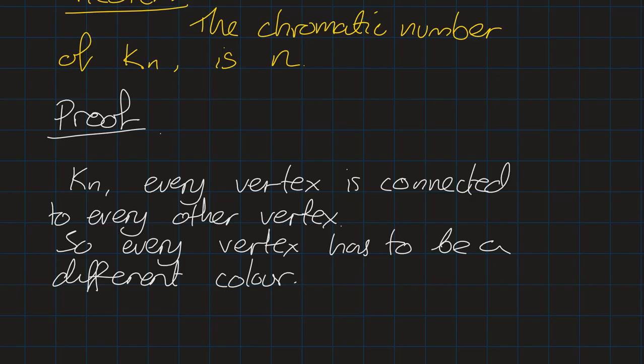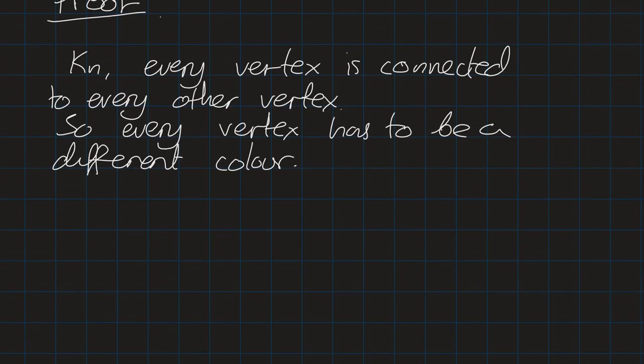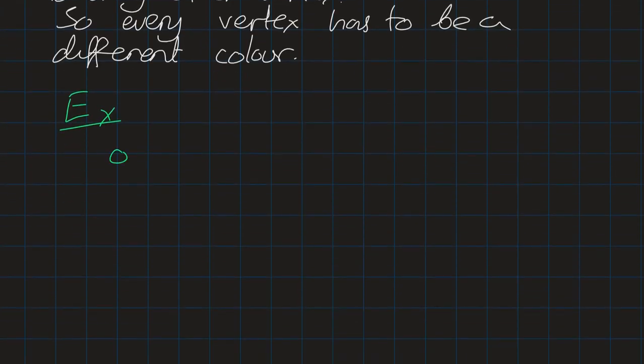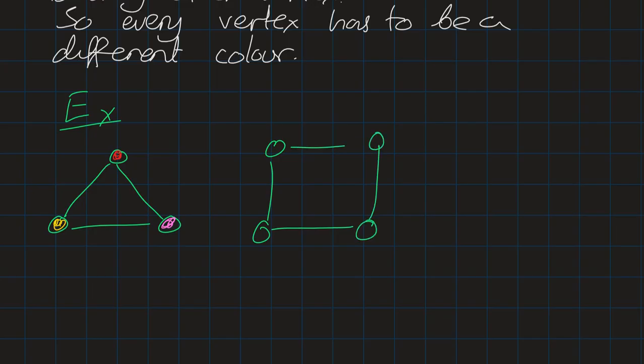That's essentially the proof. So the chromatic number of Kn is n, which makes sense because if you just even think about a couple small examples, this is K3, and you obviously need 3 different colors to color this. Okay, and similarly, if you look at K4, you need 4 different colors to color this. So that's the chromatic number of complete graphs.